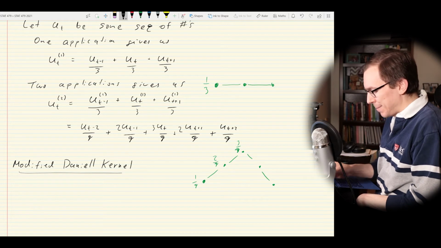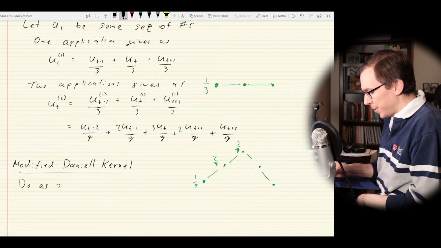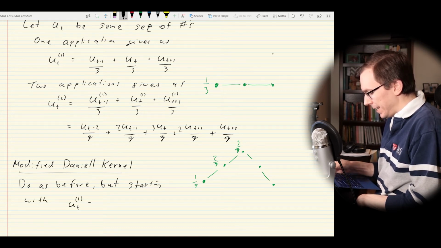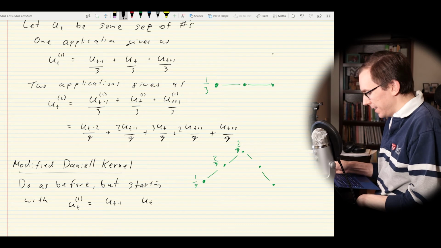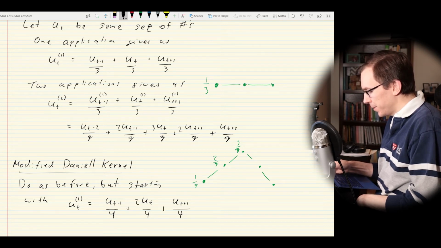That's basically do as before, but starting with ut minus 1, ut, ut plus 1, now divided by 4, and we're going to give the middle one a weight of 2.